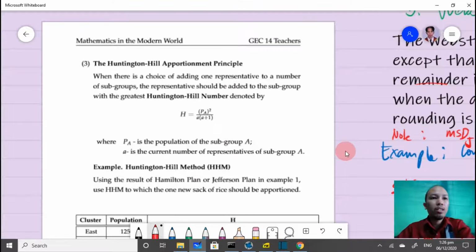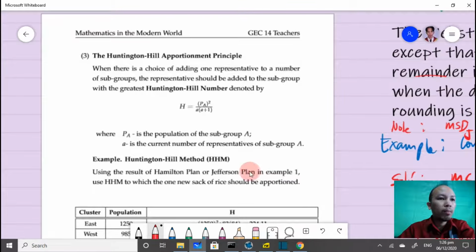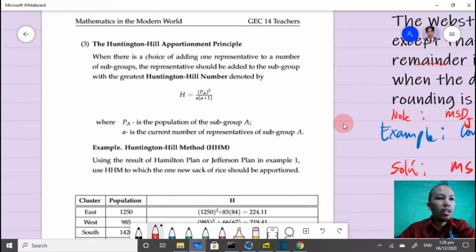This is now the last method, the Huntington-Hill apportionment method. What has been given to you in the module that was uploaded in the Google Classroom is that this method here that was presented is not the correct one.